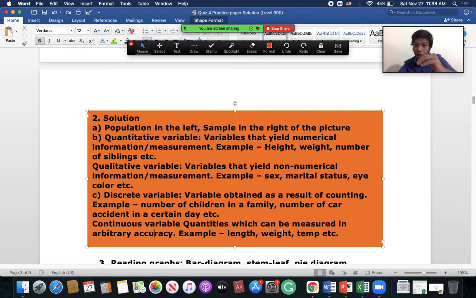From 80, all of a sudden it will not come to 40. It will continuously drop: 80, 79, 78, 77, 76, 75, 74, 73, 72, 71, 70, 69. Then it continues this way. And in between there are decimals also, of course: 79.5, 79.4, 79.3, continuously coming down. That's why these are called continuous variables.